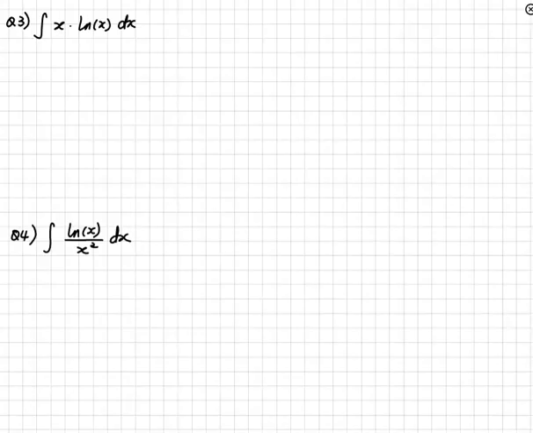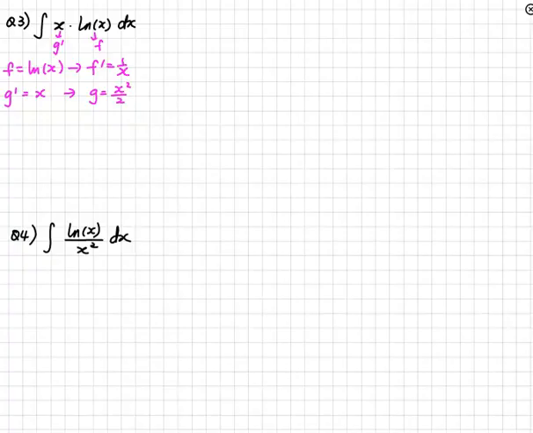Question 3. We have integration of x times ln x. Now again, natural log of x can't be integrated, so it can't be g dash. So therefore, we're going to set this one as our f and x be g dash. So f is ln x, that means f dash is 1 on x, and we know g dash is x, therefore our g is x squared on 2.